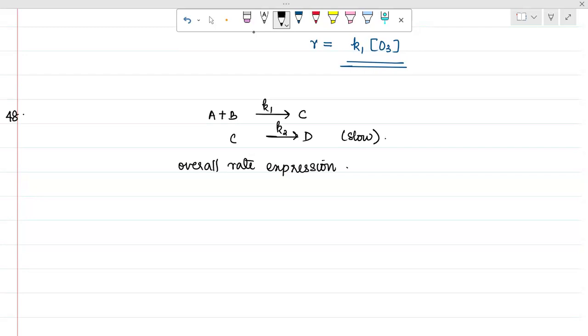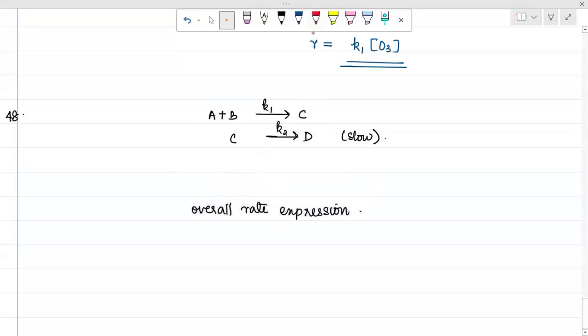First of all, it does not have any equilibrium, so we cannot use the approximation method with equilibrium. We will have to proceed with SSA. Now to identify who the intermediate is, it's very easy. You just add them. Let's say I add them: A plus B plus C gives C plus D. C gets cancelled.